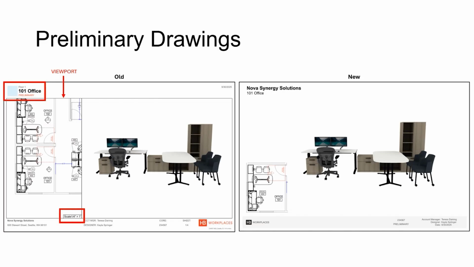So along with the viewport, the scale is also noted here. This is another hot ticket item that we had a lot of great conversations around, and whether or not the scale had to be included and when it needed to be included. Ultimately, it was decided that for preliminary drawings, the scale isn't absolutely necessary.